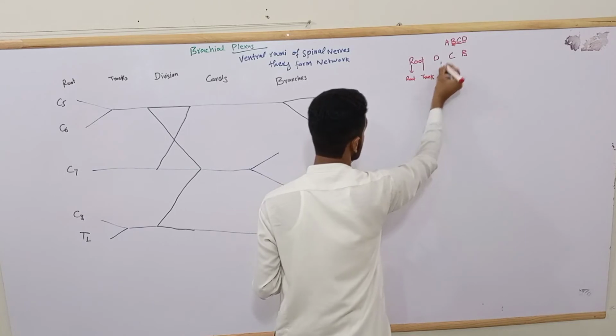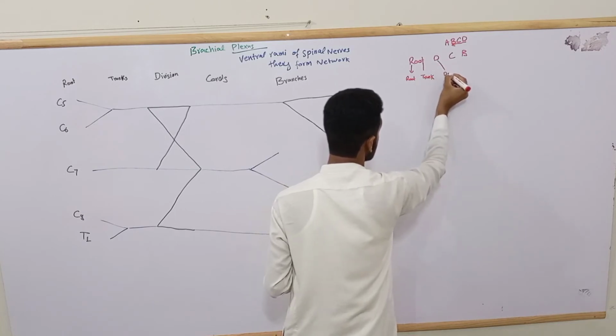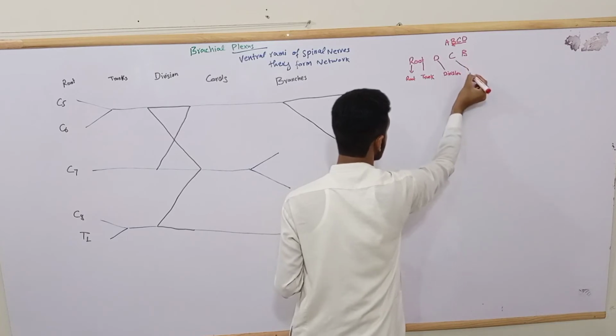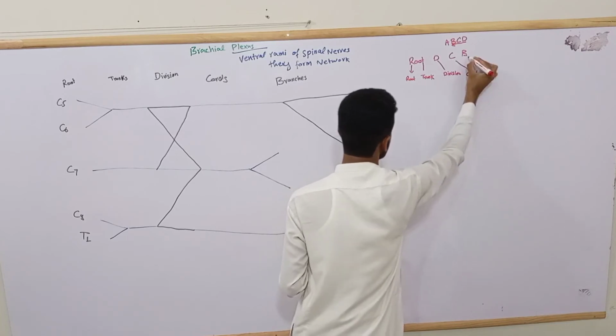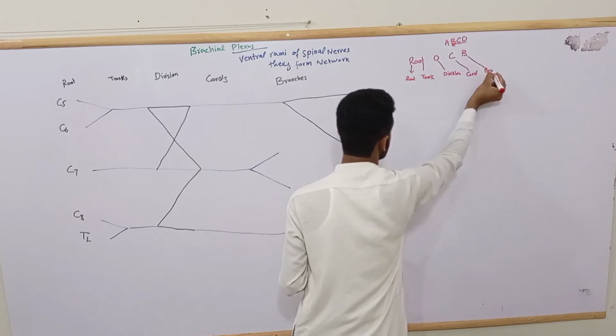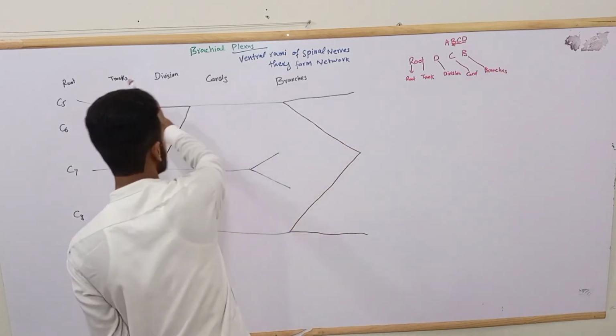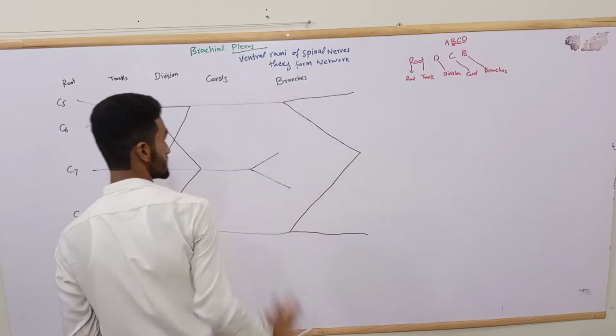So this is the pattern actually. D represents divisions and C represents cords, and B represents branches. Make sense? Very easy. So root, trunk, division, cords, branches.